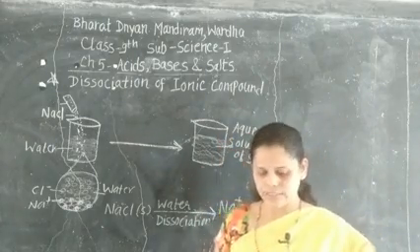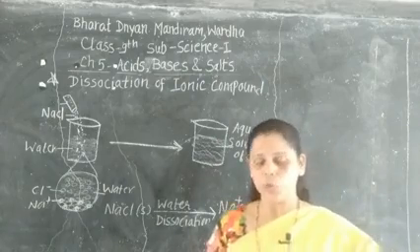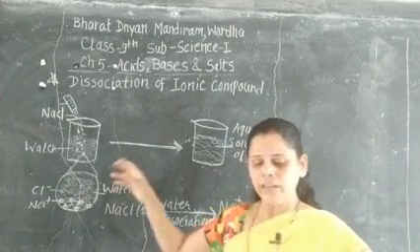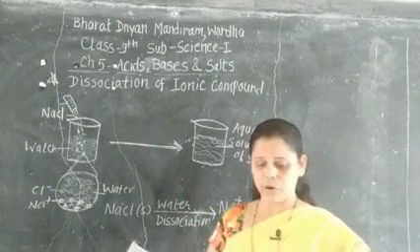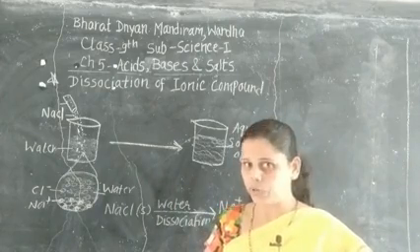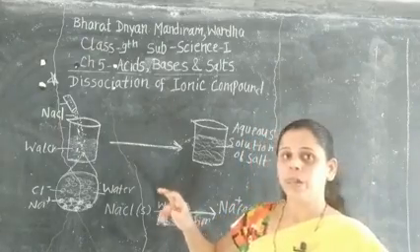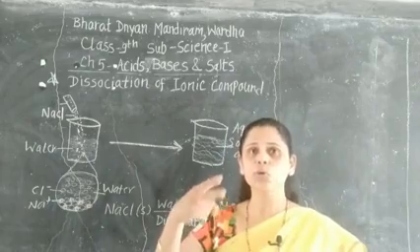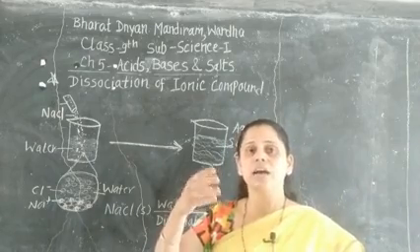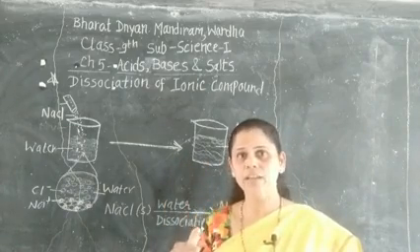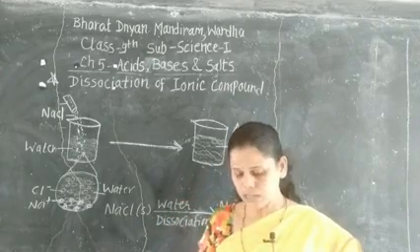Let's go through our textbook. Open page number 59. Heading: dissociation of ionic compound. On dissolving in water, an ionic compound, having two constituent elements, cation and anion, forms an aqueous solution. Cation means positively charged ion, anion means negatively charged ion.